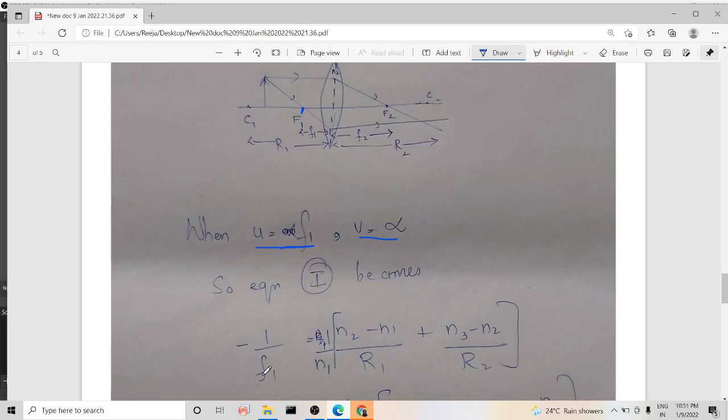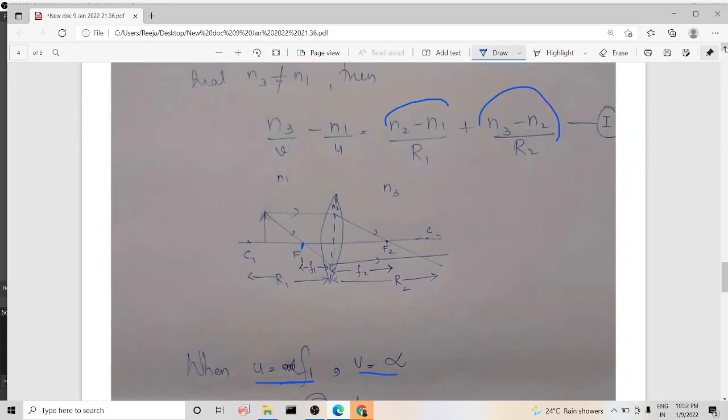So that our equation 1, the one that we just wrote down, becomes, object is at the focus, so it is minus N1 by F1 and N3 by V, the image is formed at infinity. So V is equal to infinity. So 1 by infinity is 0. So this term cancels out.